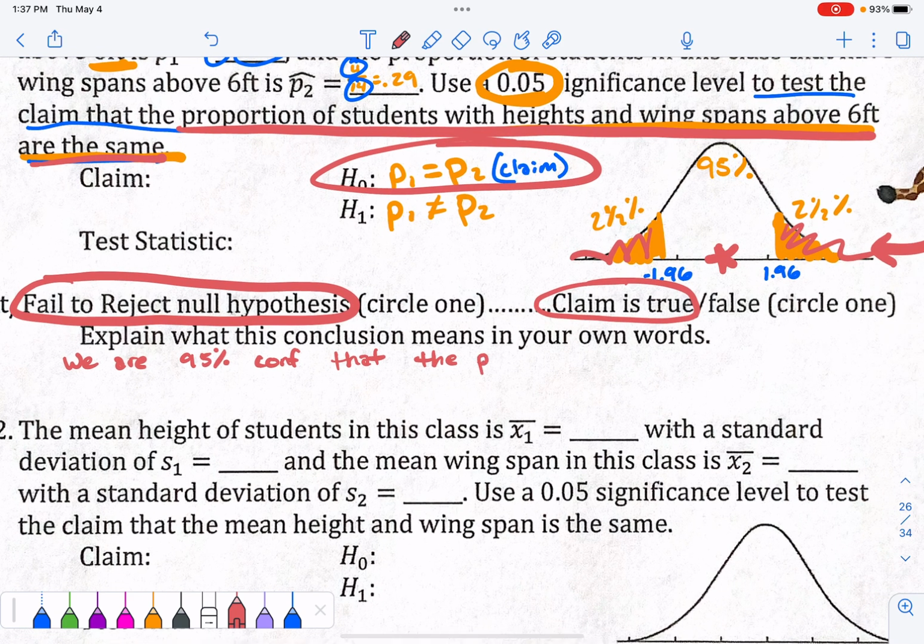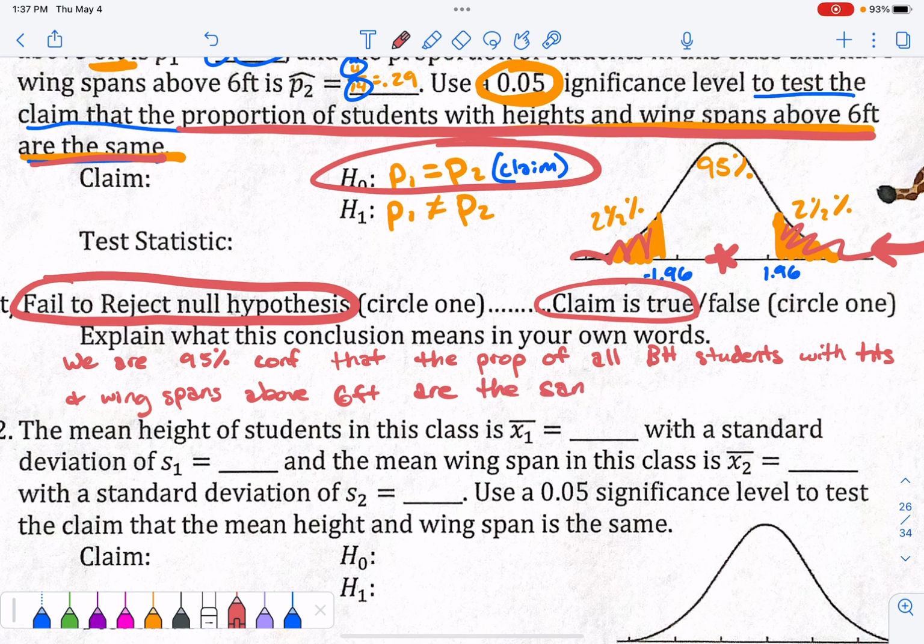That the proportion of, I'm going to say all BH students with heights and wingspans above 6 foot are the same. Let me read that again. We are 95% confident that the proportion of all Blue Hill students with heights and wingspans above 6 feet are the same. The proportions are the same. Yes, that is what we are concluding.